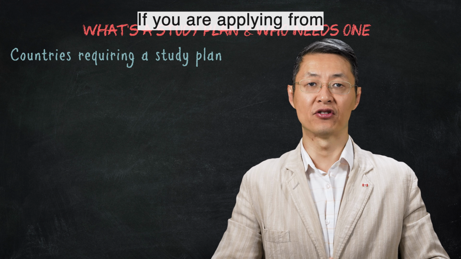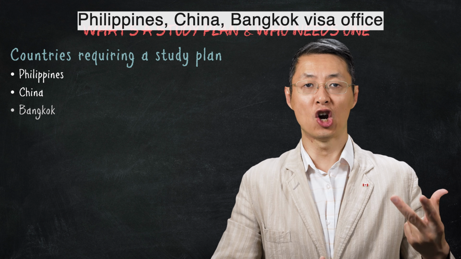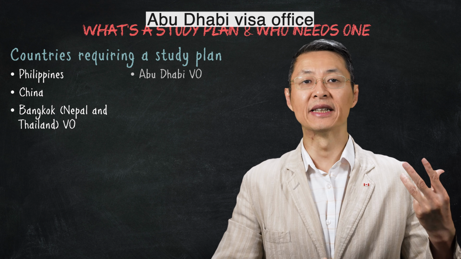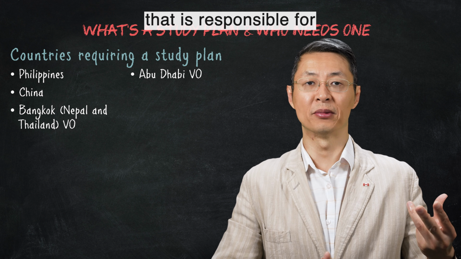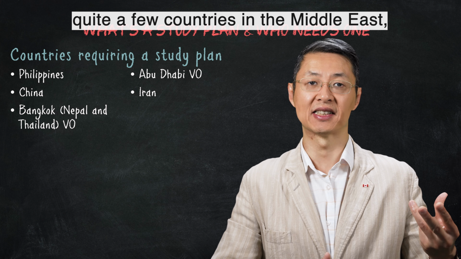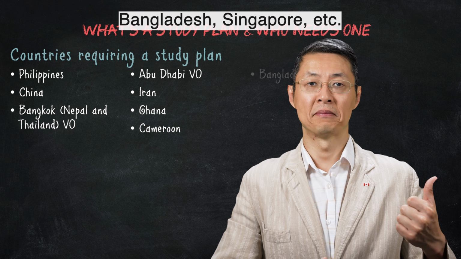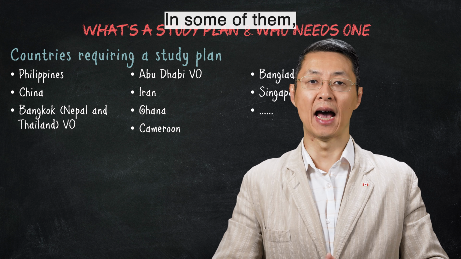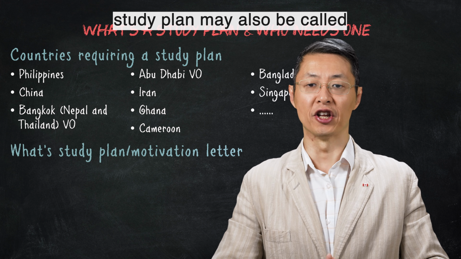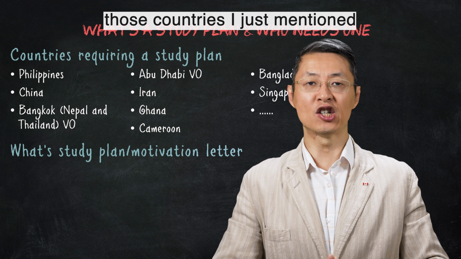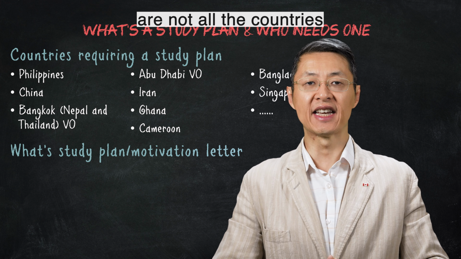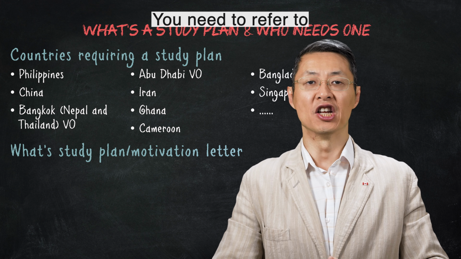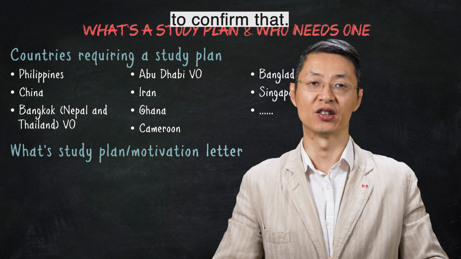If you are applying from Philippines, China, Bangkok visa office, that is responsible for Nepal and Thailand, Abu Dhabi visa office, that is responsible for quite a few countries in the Middle East, Ghana, Cameroon, Bangladesh, Singapore, etc. In some of them, study plan may also be called letter of motivation. Those countries I just mentioned are not all the countries that require a study plan. I was just making examples. You need to refer to your country checklist to confirm that.